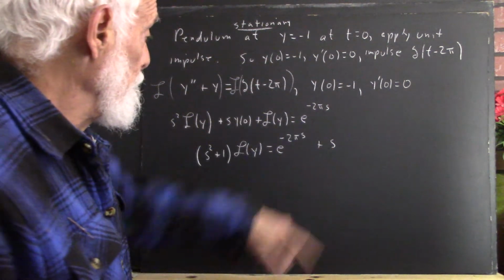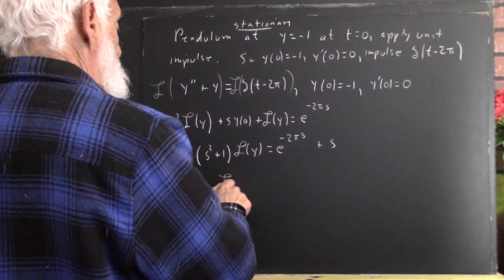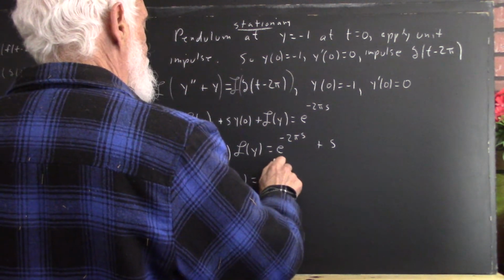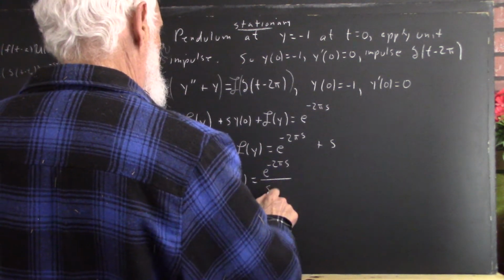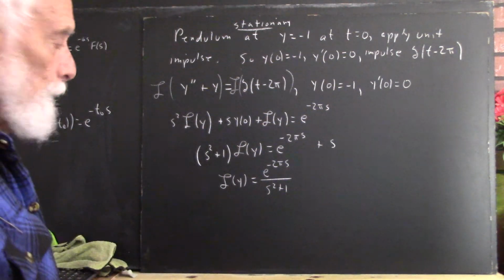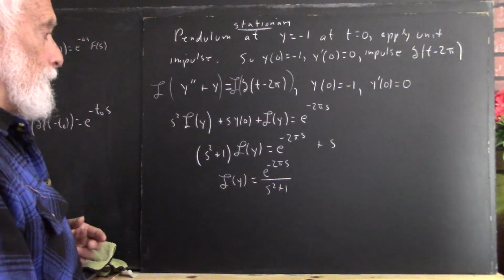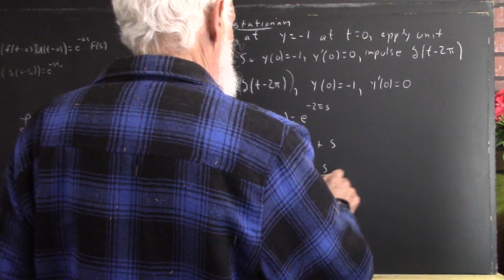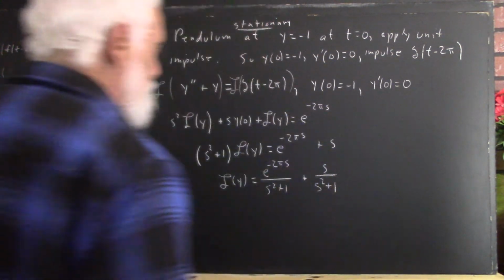So we got something new here. So that L of y can be written as e to the -2 pi s over s squared plus 1, which is just going to give us a shifted sine function, then plus s over s squared plus 1.